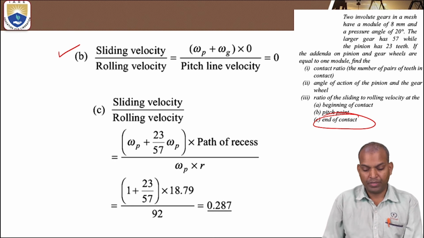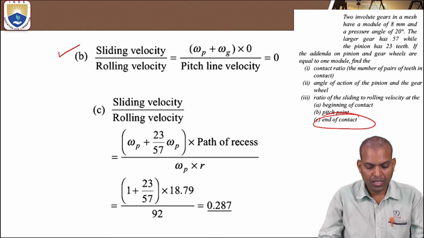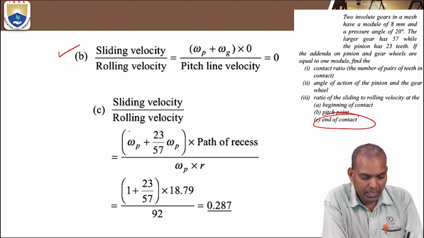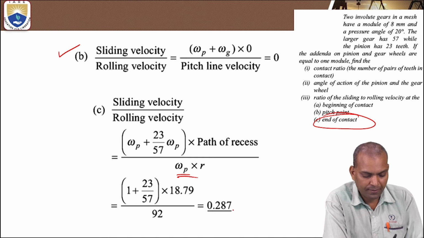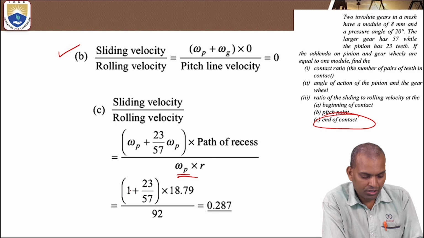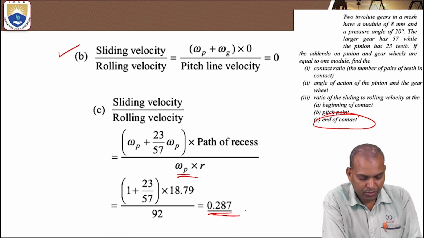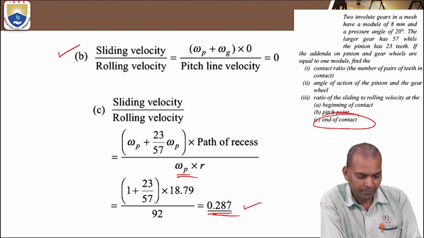That is omega P plus omega G times path of recess by omega P times R. Now again, this omega P cancels, and finally it becomes 0.287.